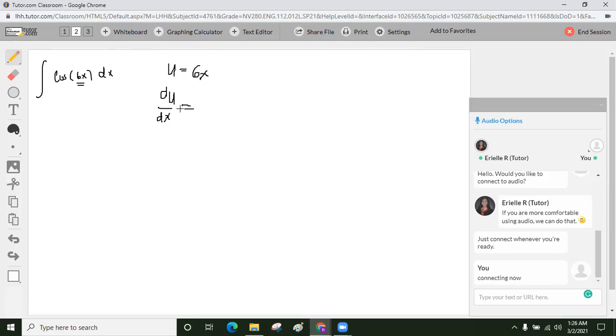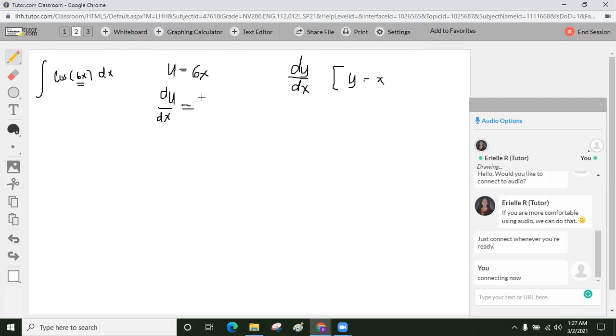So are you taking the derivative of both sides? Yes, since we are differentiating u with respect to x, it is like dy over dx. If we have the derivative of y with respect to x, the equation that you have is an equation of y in terms of x.